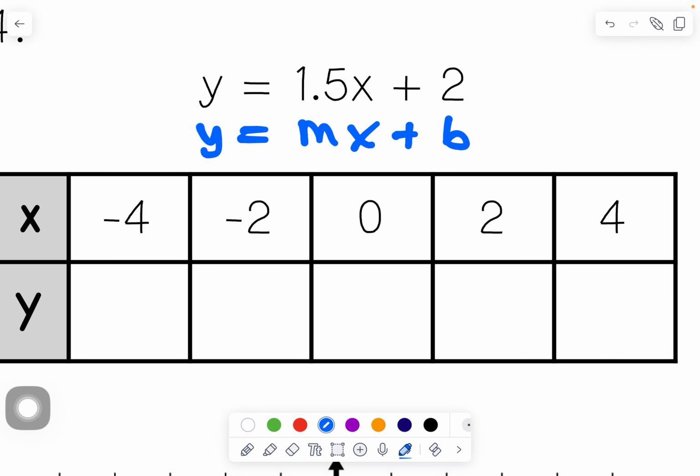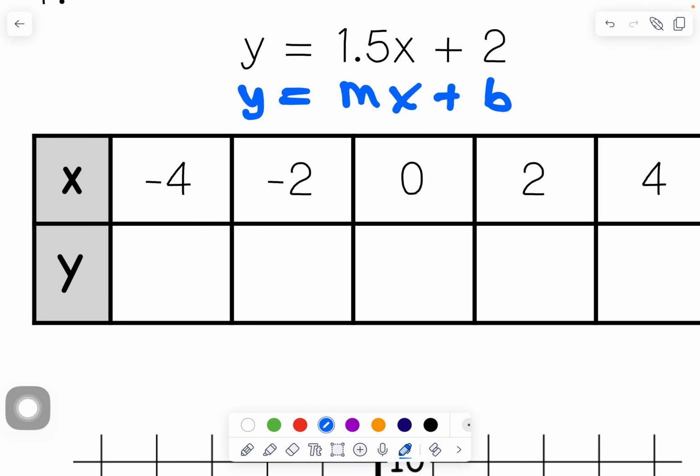Okay, so let's see here. If I plug in, again, you're just doing 1.5 times -4 plus 2 is how we're doing that. So that should give me what? -4. Okay.